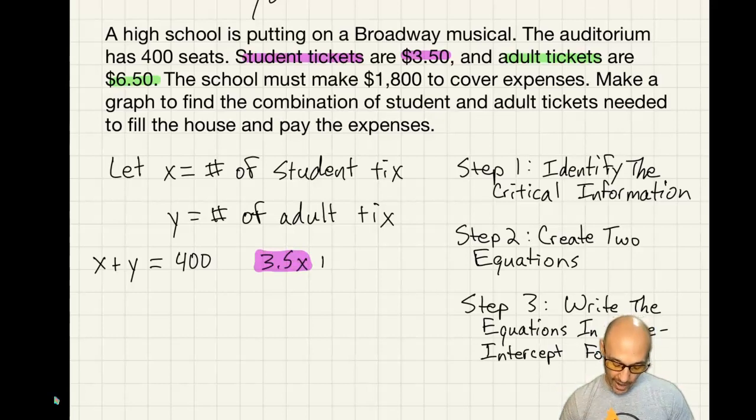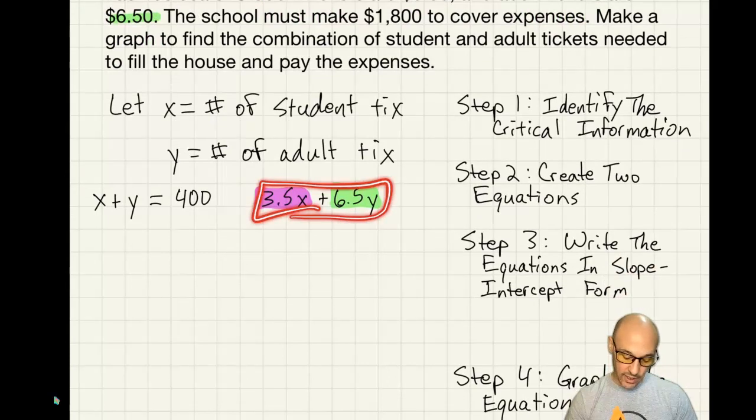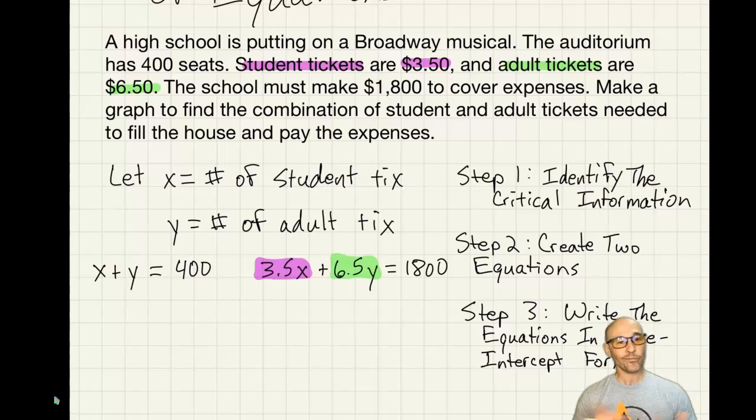And then we're going to add to that $6.50 times Y, because that is the total amount of money they're going to make on adult tickets. Now, when we add those 2 amounts together, they need to equal a total of $1,800.